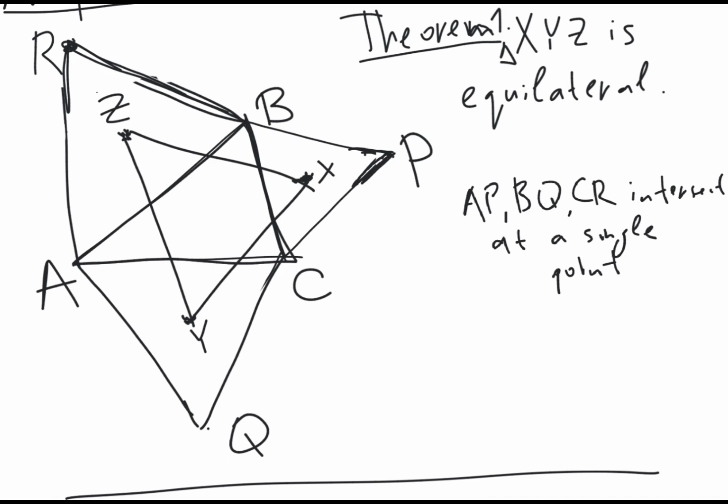So let's draw this. It doesn't necessarily pass through X. I deliberately draw it so that it doesn't pass. So these three lines intersect at a single point, which we could denote T1, but let's denote it T. So this is the first Torricelli point, but we also proved more.